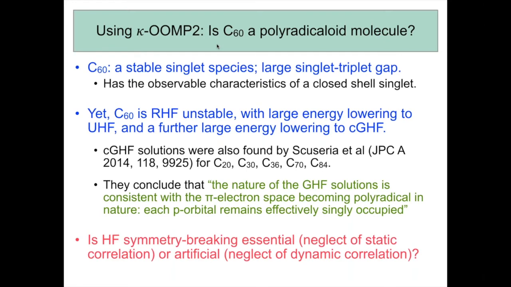But there is a question: is the data influenced by essential symmetry breaking, the neglect of the strong correlations, or is it artificial symmetry breaking, the neglect of dynamic correlations, or some mixture of the two? And really, that's the question that kappa MP2 is then well equipped to sort out.